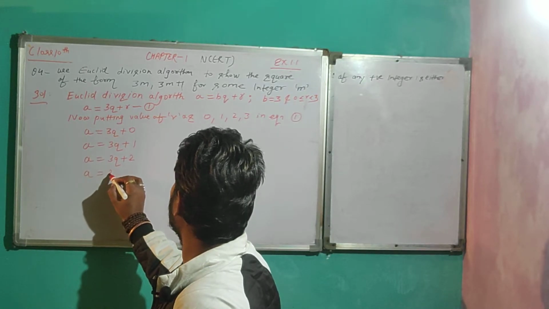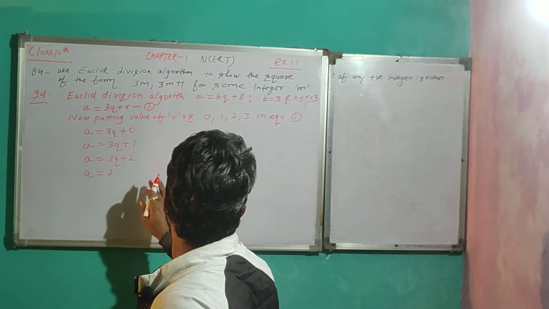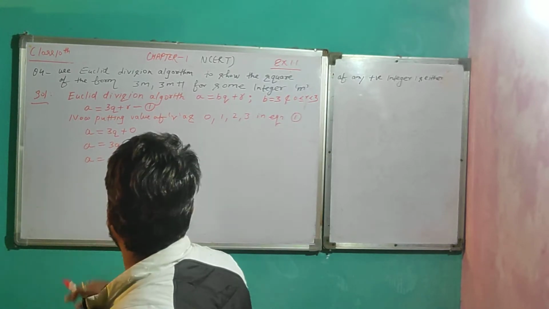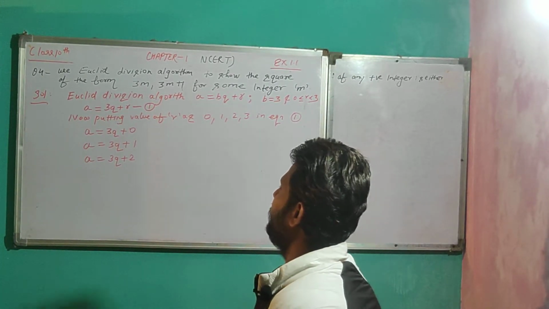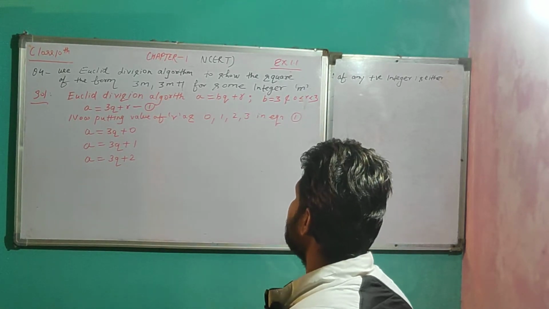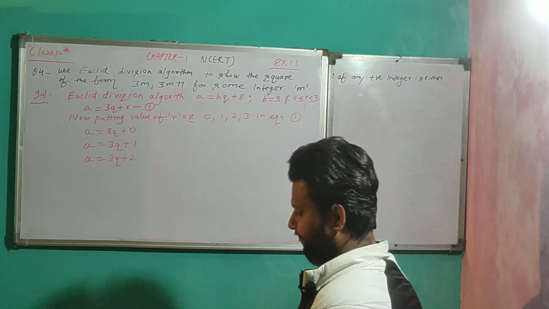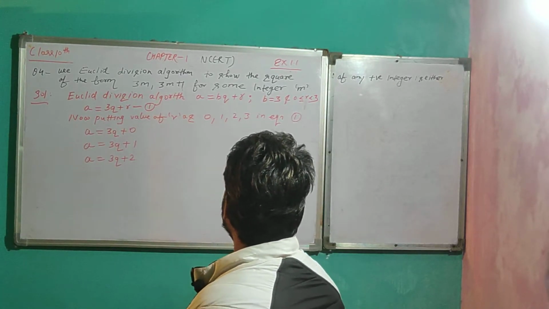Okay, we get three equations: a is equal to 3q, a is equal to 3q plus 1, a is equal to 3q plus 2. Now, squaring both sides.